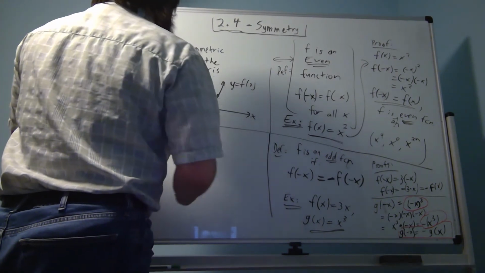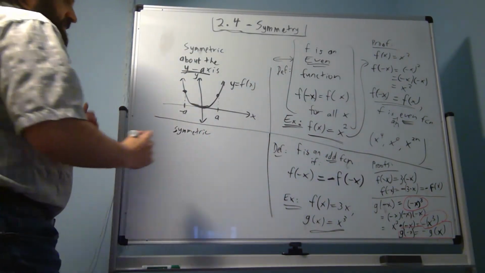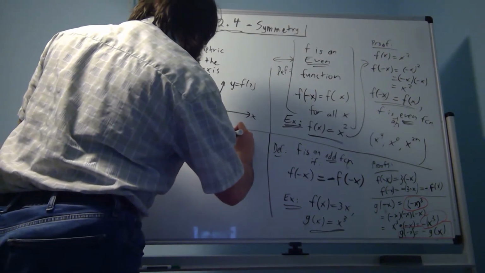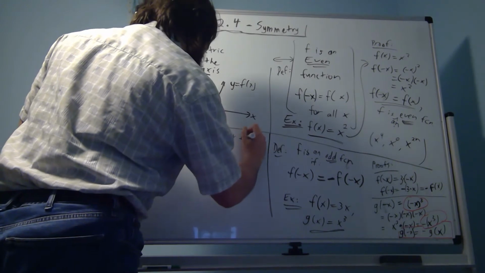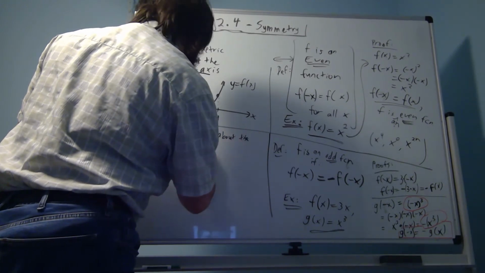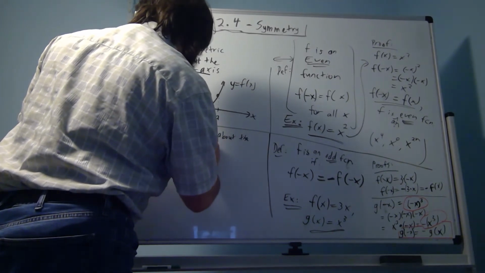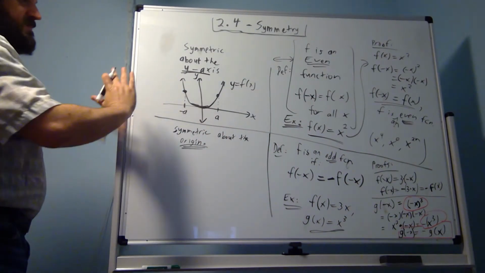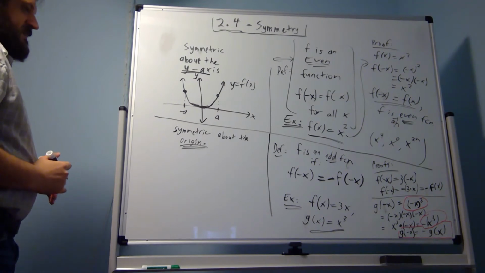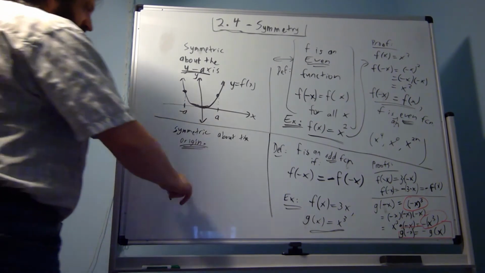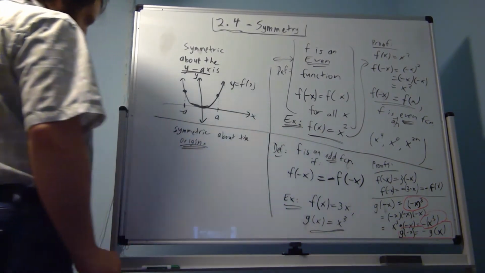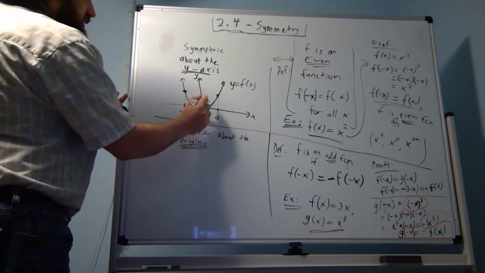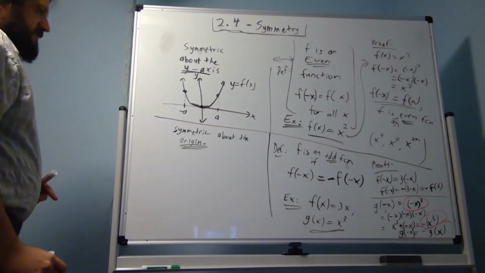If you flip it twice, it's this other thing we call symmetric about or around, I've seen it either way, the origin. It turns out that flipping sideways and then flipping vertically is the same as doing a 180 degree rotation around the origin here.